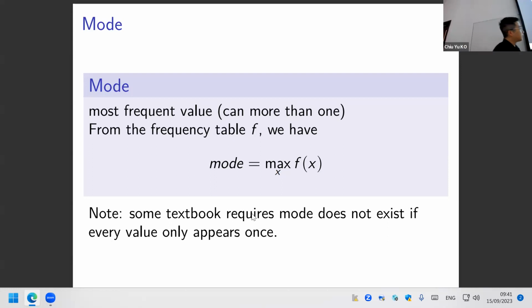So mode is the most frequent one, okay? And depending on how you define it, if everything appears once, then there's no mode. But again, as I mentioned, it would not be an issue. If you group the data, then the modal group will be there.